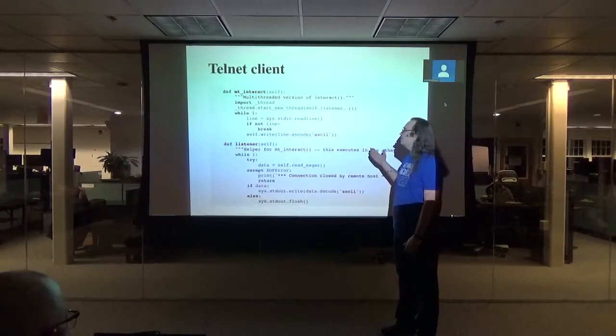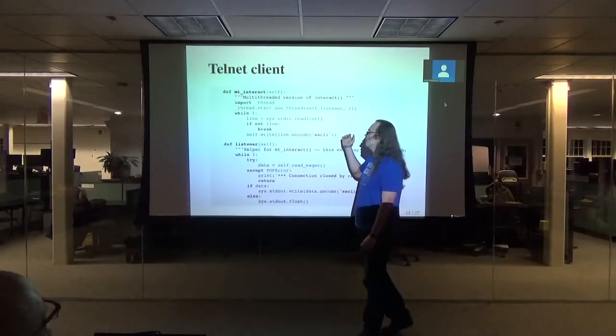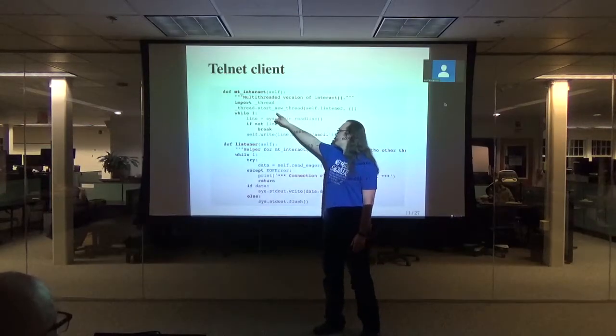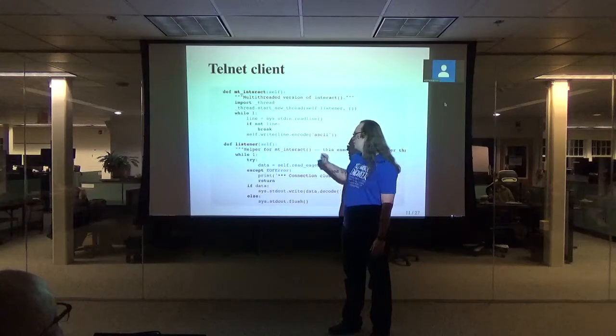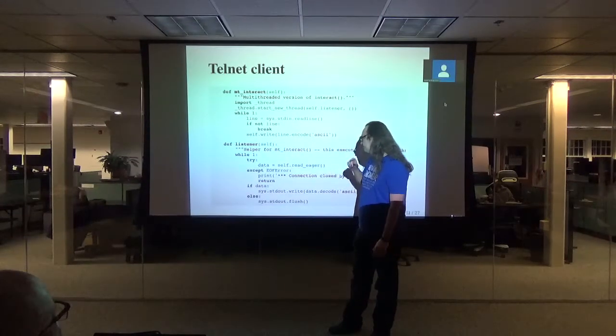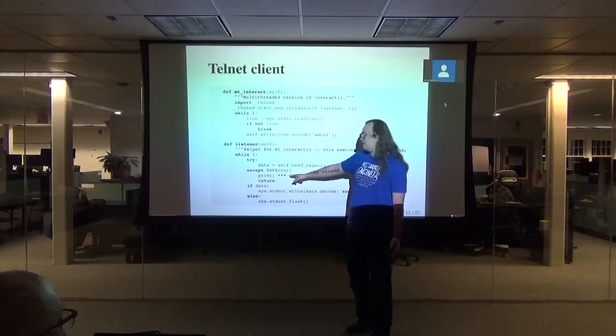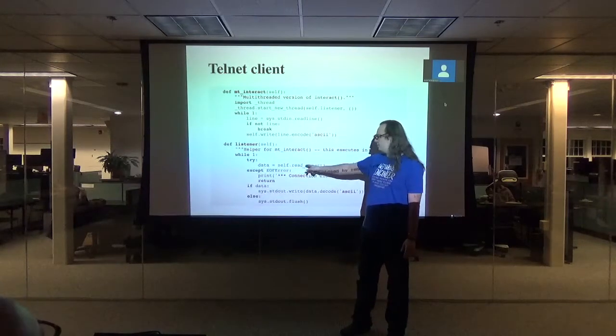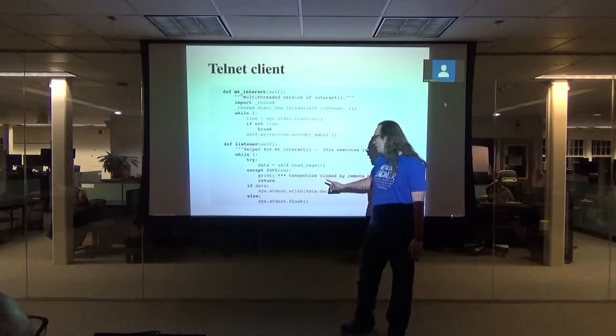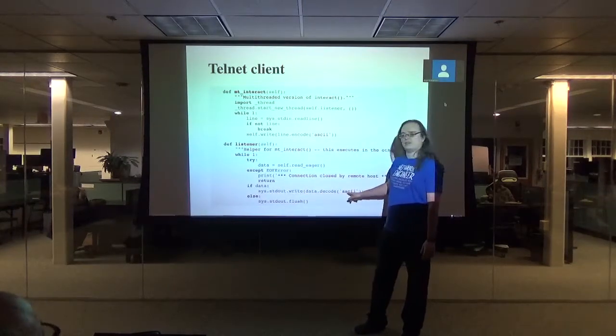So what we're seeing is when we start a new thread with the listener, the only thing this guy does, as it seems, is get data somehow by reading something. If there is that data, it writes it on my screen.